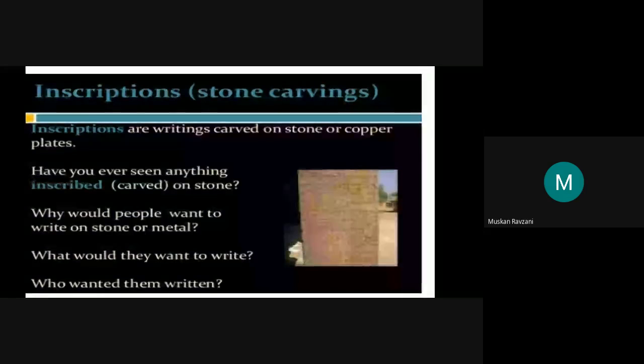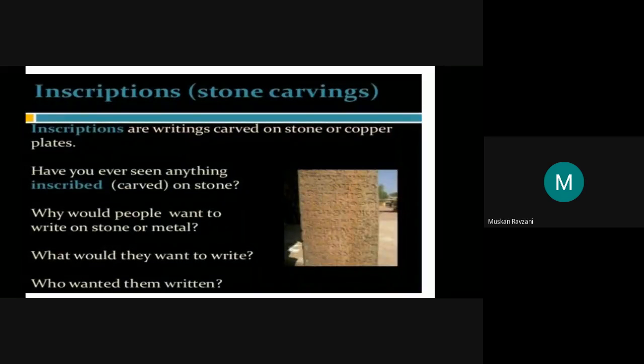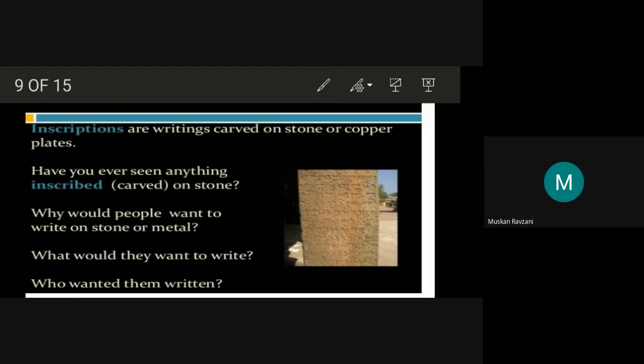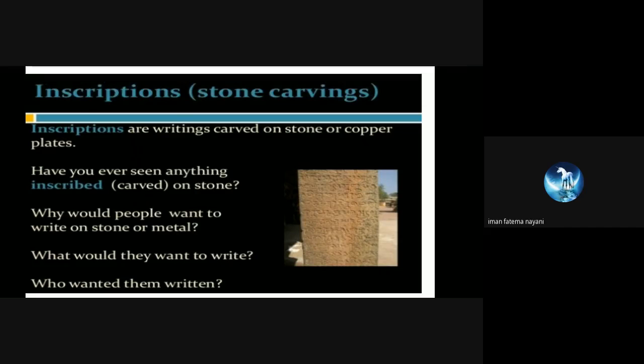First we will see history. You see, history in social science gives us the past information about human life, right? As well as animal life, plant life, and everything. So now, inscriptions. Inscriptions are writings which are carved on the stones or copper plates. Yes, they are different types of plates.